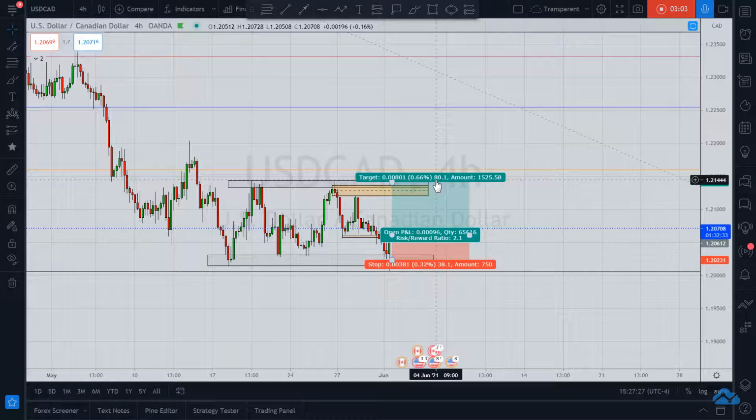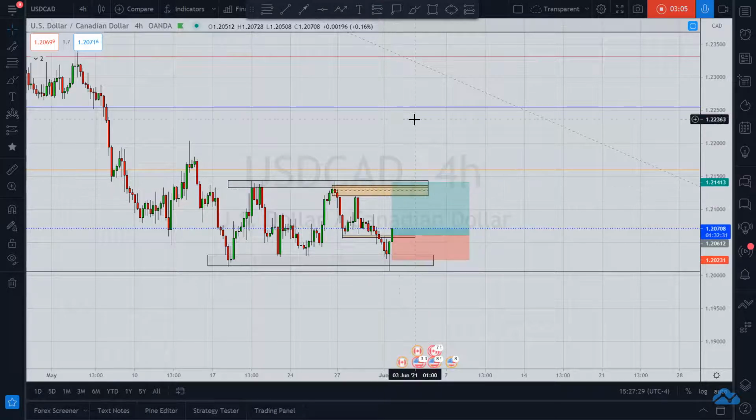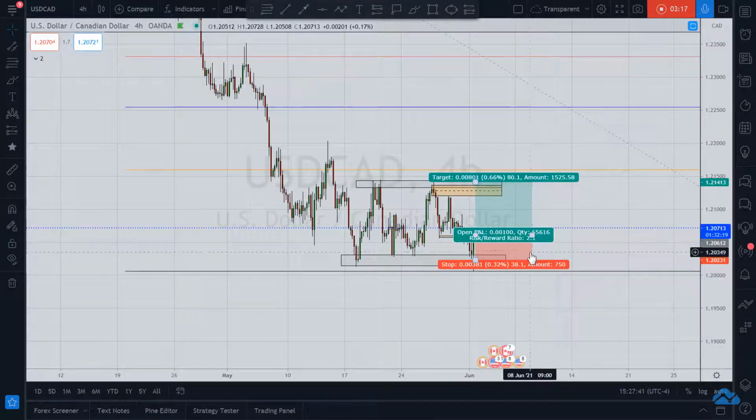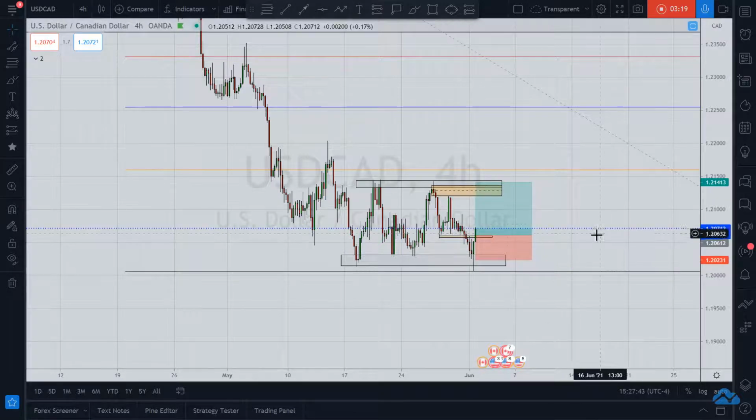We can get at least 80 to this point. But I'm thinking price should be going up to the 382 and maybe beyond that. So we're looking at maybe 150, 200 pips. We'll see. But that is what I put out there for my subscribers.